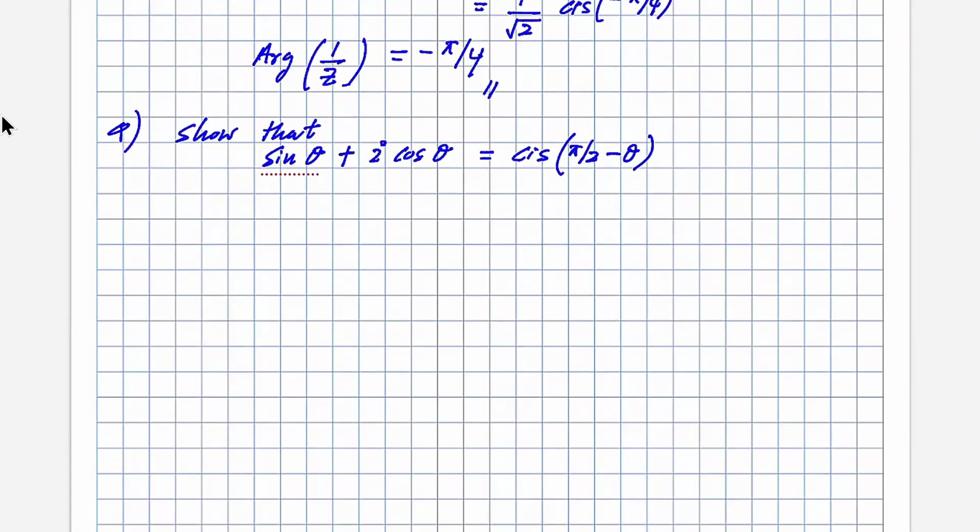So this guy here, this guy is cos pi divided by 2 minus theta plus I sin pi divided by 2 minus theta. Okay.